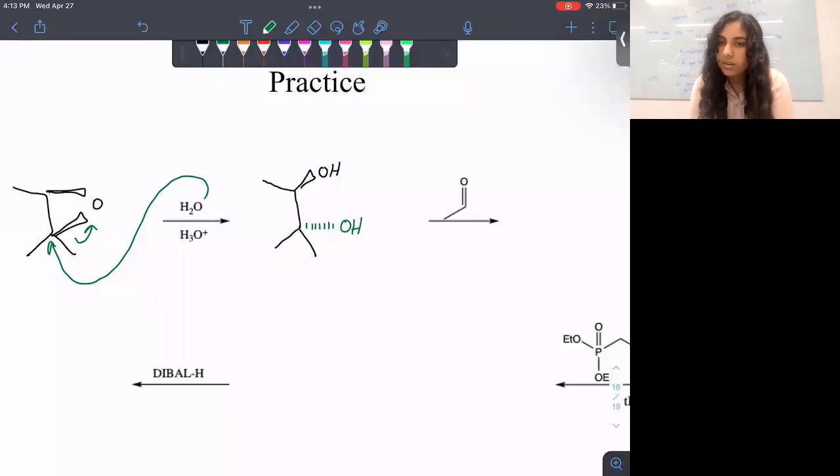And this is how you can tell if the epoxide was opened with an acid or a base. If you're given the final product and the beginning epoxide, and in the final product the stereochemistry of the more substituted carbon flipped, then it was acid catalyzed. If the stereochemistry of the less substituted side flipped, it would be base catalyzed opening.